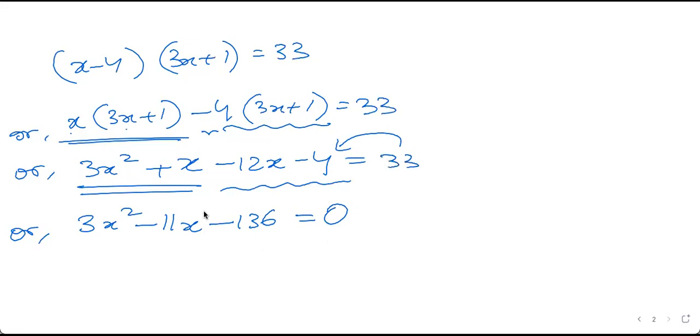Now 33 will become minus 33. Minus 33 minus 4 is big. It will become minus 37, not 137. Very sorry for this mistake.